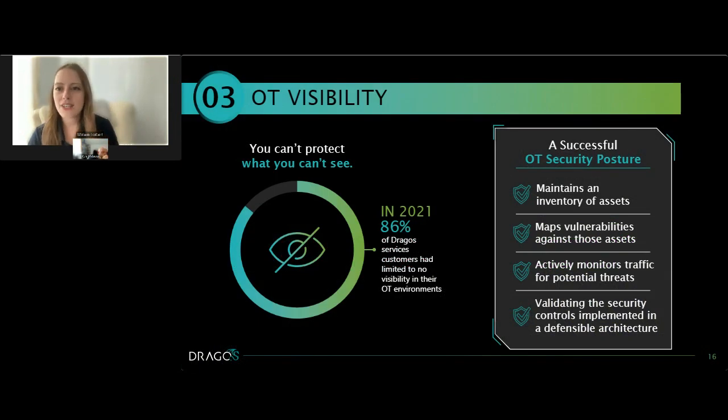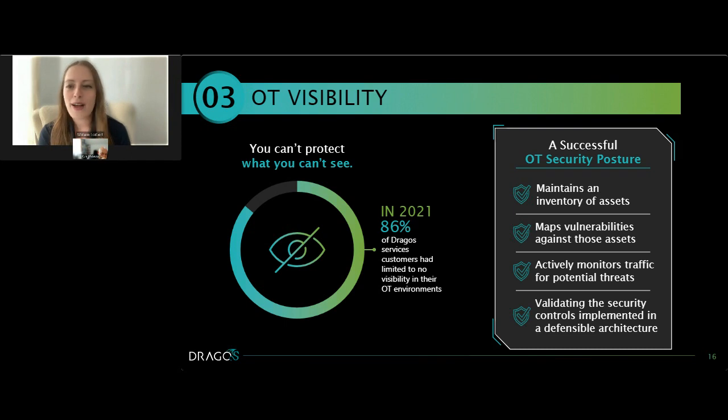Okay, continuing on those 5 critical controls. Number 3 is OT visibility. You don't know what you don't know, or you can't protect what you can't see. In our year-end review for 2021, it was found that 86% of Dragos Services customers had limited to no visibility in their OT environment.